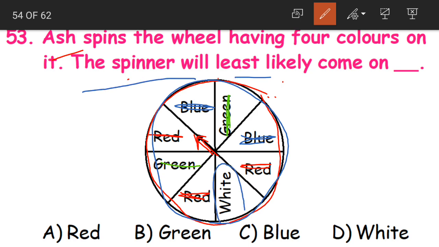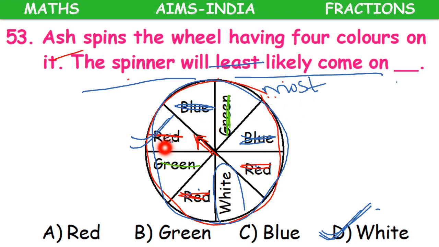So the spinner will least likely come on our white color, and most likely, that means there are many chances that the spinner will come on which color, children? Color red, because red is more here. We are having 3 reds here. So the spinner will most likely come on red and least likely come on our white.